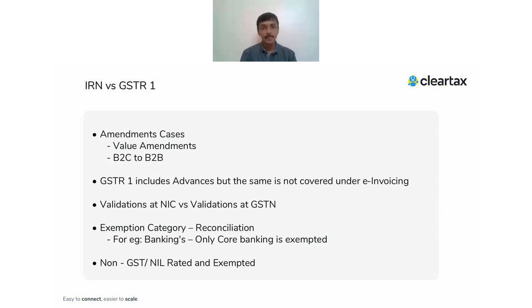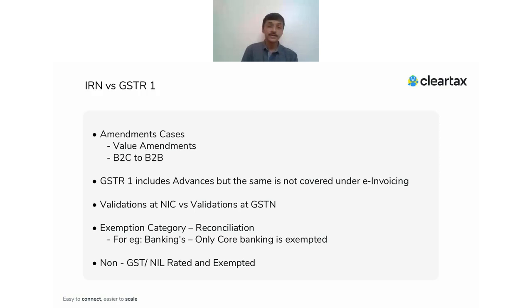The next one is non-GST, nil rated and exempted. In case of non-GST, nil rated and exempted, I, as a seller, need not raise a tax invoice. I will have to raise a bill of supply, because these are goods which have been sold without any impact on the GST amount. So, since the government has not given any option for raising an invoice for a bill of supply, this would not be required in the IRN generation.